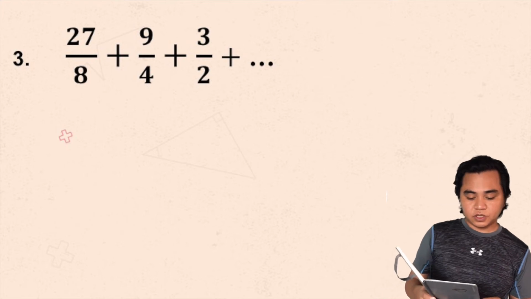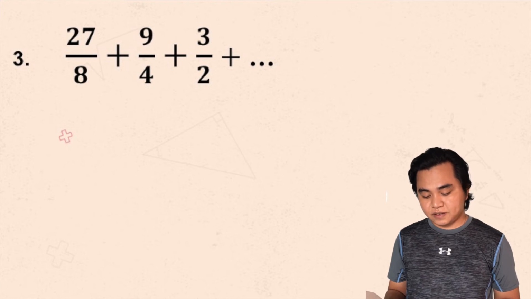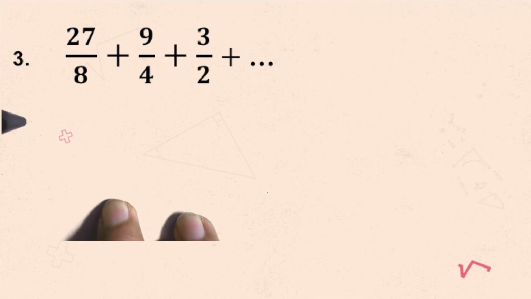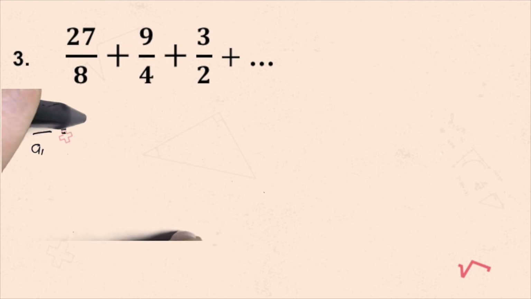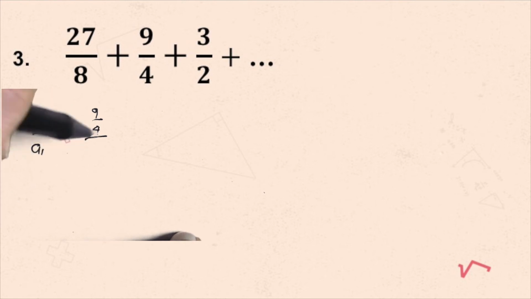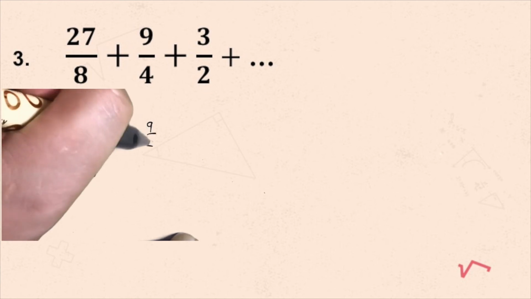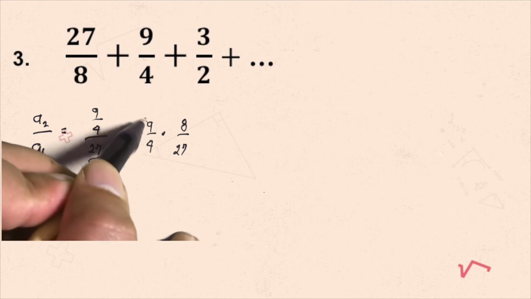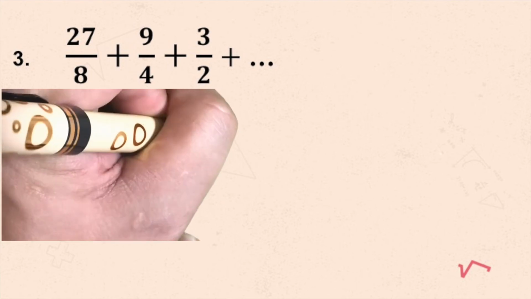Number 3. 27 over 8, 9 fourths, then 3 halves, and ellipses. So, number 3, second term divided by the first term is equal to 9 fourths divided by 27 over 8, which is equal to 9 fourths times 8 over 27. Cancel 3, cancel 2, so it is equal to 2 thirds.